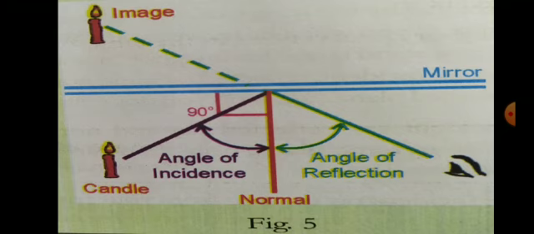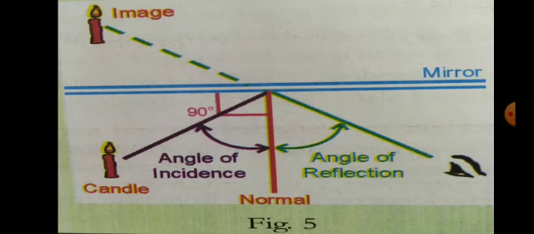Now observe this diagram, figure 5, carefully. The ray of light from the candle is reflected at the mirror and bounces off at the same angle as it comes to the mirror. Our eye does not know that the light has been reflected.